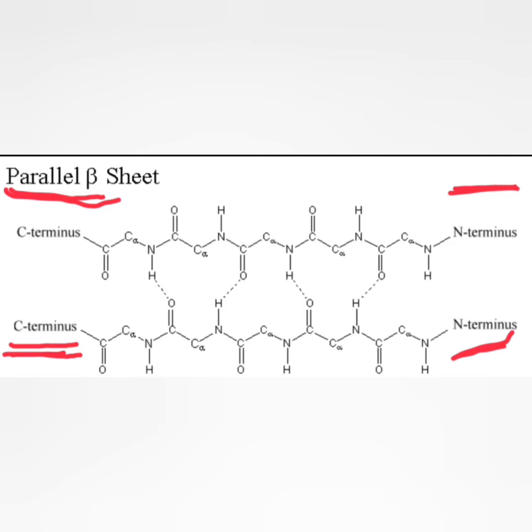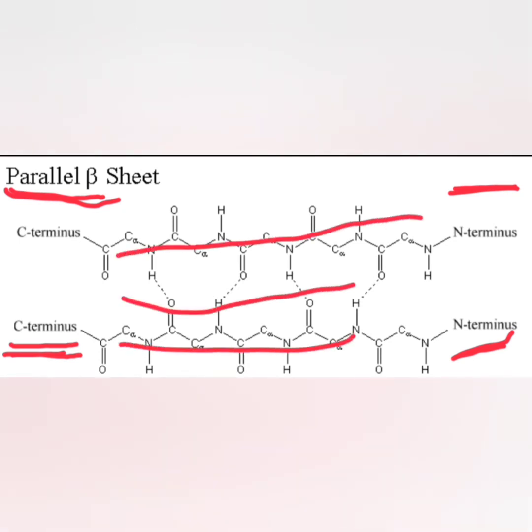These anti-parallel sheets often consist of just 2 to 3 strands. Here I'm showing you only two, but it can be 3 strands also. Whereas parallel sheets have at least 3 to 15 strands arranged.